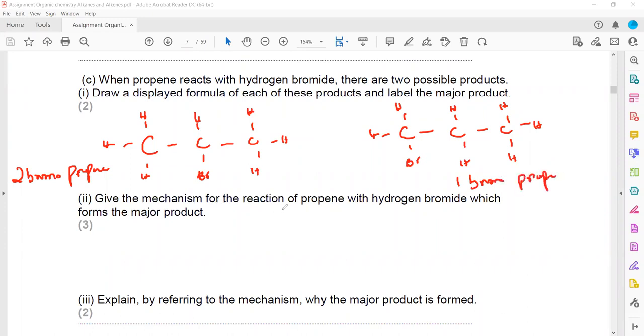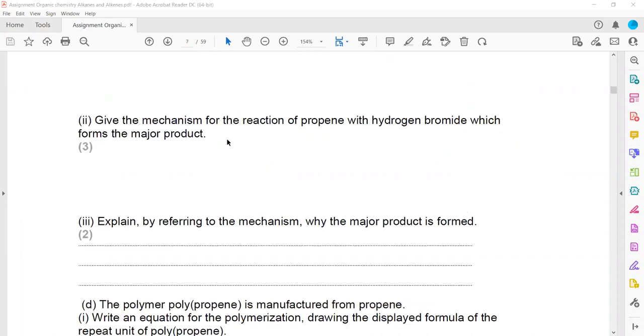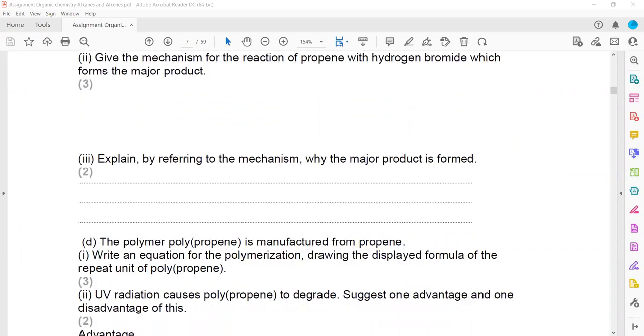Give the mechanism for the reaction of propene with hydrogen bromide which forms the major product. So we have to show a mechanism, how this reaction proceeds. Drawing the direction of the arrow is very important. First we draw propene.